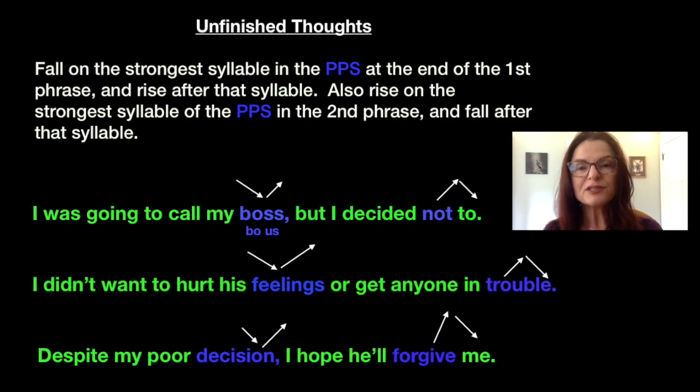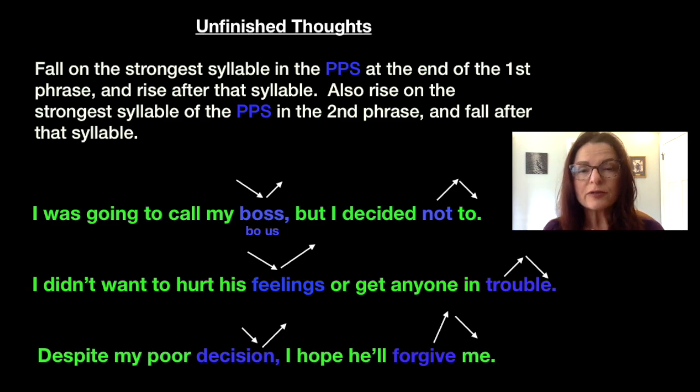For unfinished thoughts, we have a longer sentence that has perhaps two different clauses in it. And on the first clause, we want to go up to show that we're not done speaking. It's like saying to the audience, wait, listen, I'm about to say something else. Don't stop listening yet. And then at the end of the entire sentence, you want to go down.